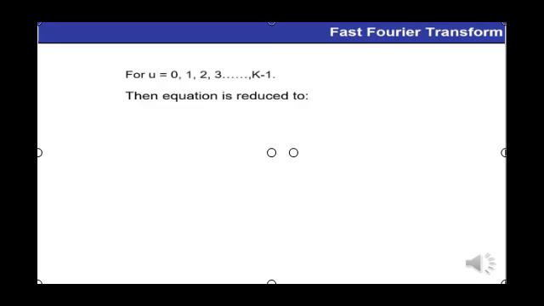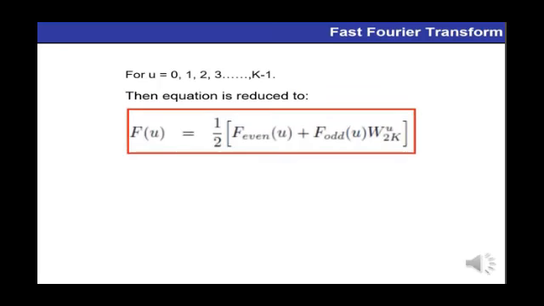Now, if we substitute the values of u from 0, 1 to K minus 1, we can reproduce the equation as F(u) equal to half of F_even(u) plus F_odd(u) W to the power u to the base 2K.